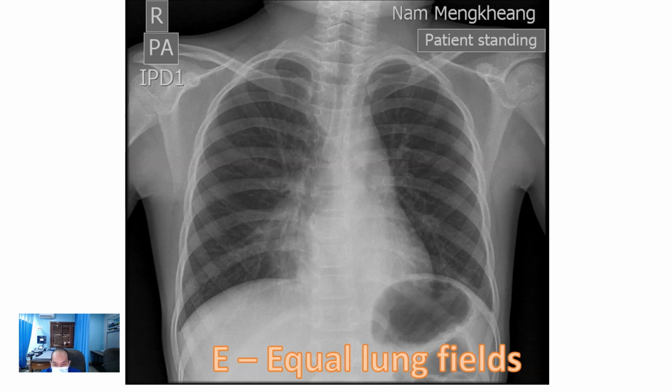We can see the left lung has lost a little bit of lung volume due to atelectasis in the left lung base, and we also see different opacity in the right middle zone compared to the left side.